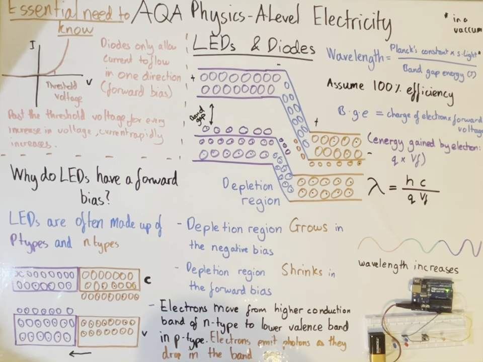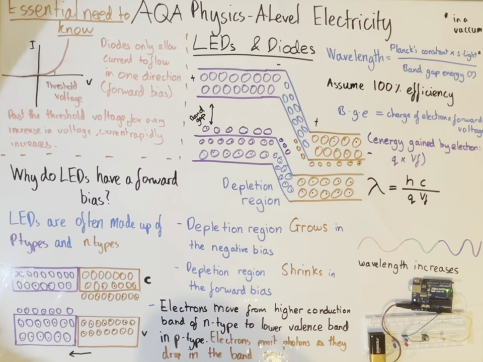So initially what happens is that our first few electrons here, they pass over and they diffuse like a gas. So they pass over and they drop down into the valence level here. But what happens is that the two sides of the barrier between the p-type and the n-type become positively and negatively charged.